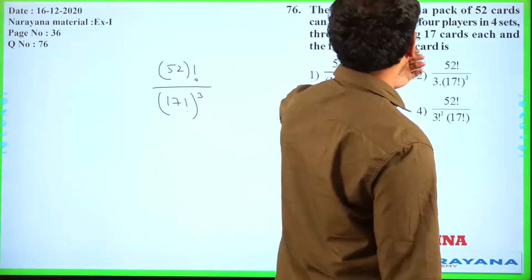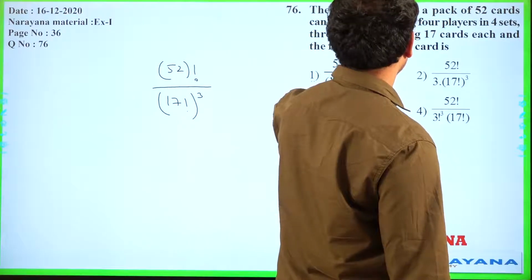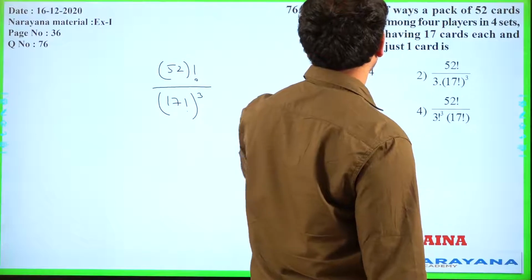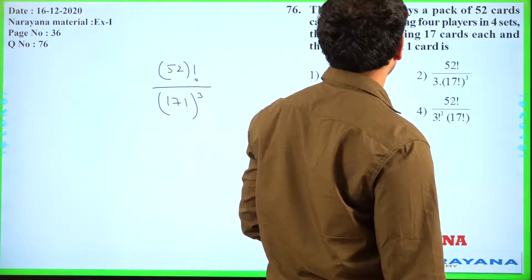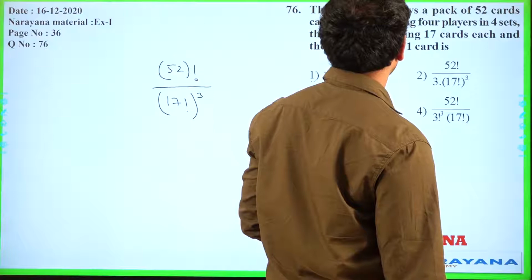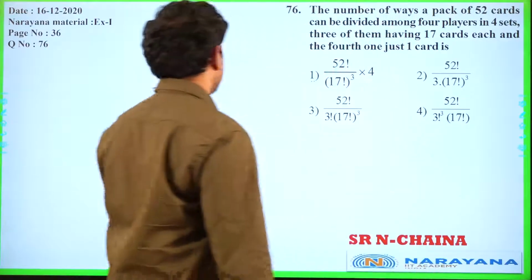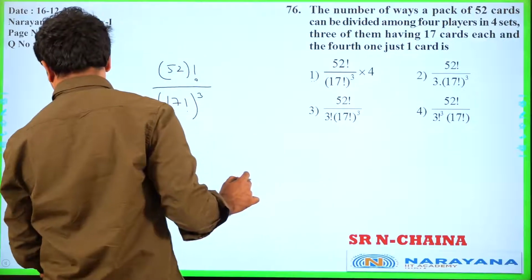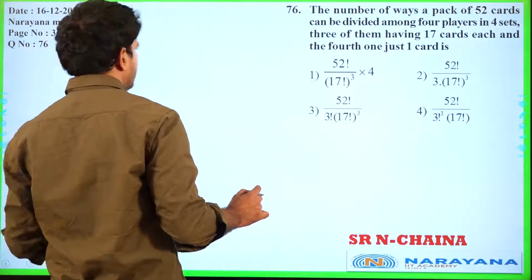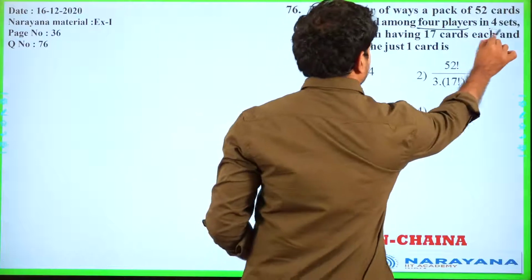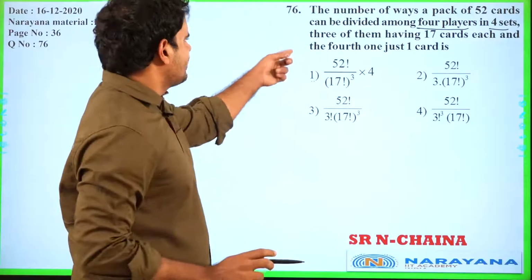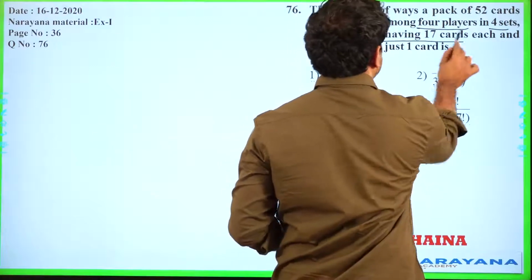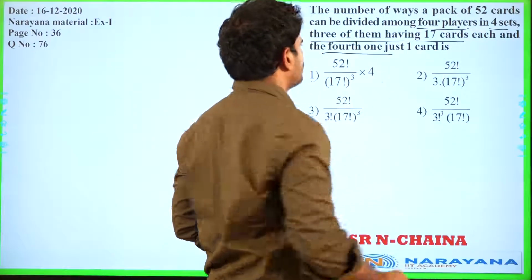The number of ways of dividing, okay, sorry, among 4 players, in 4 sets, 3 of them have 17 cards, and the last one, the 4th one, should have 1 card.